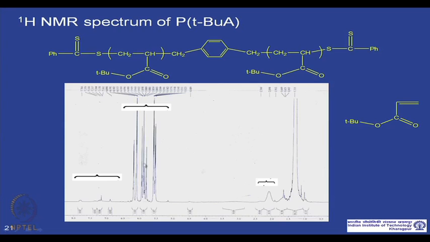Obviously, the more time the reaction goes, these peaks will come down and these peaks will go up as the molecular weight also goes up.